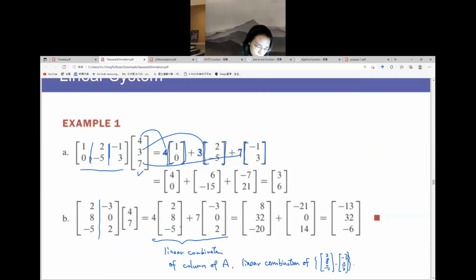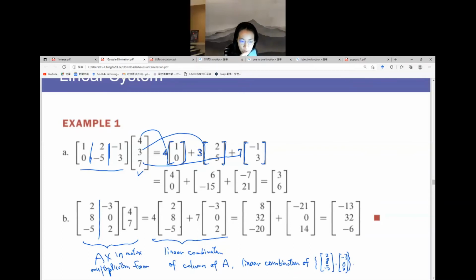This original is A times X in matrix multiplication form.